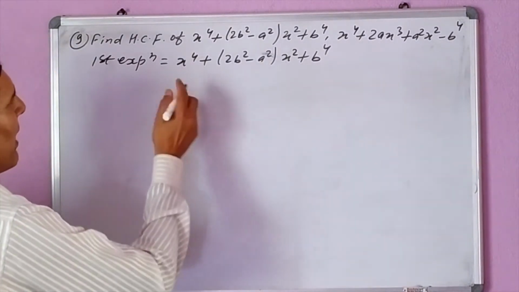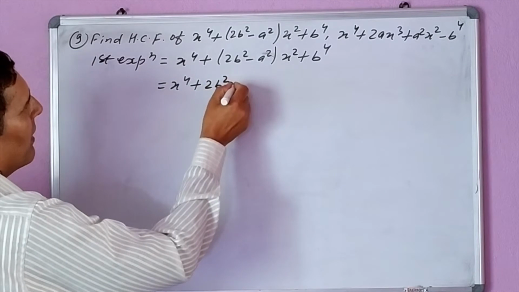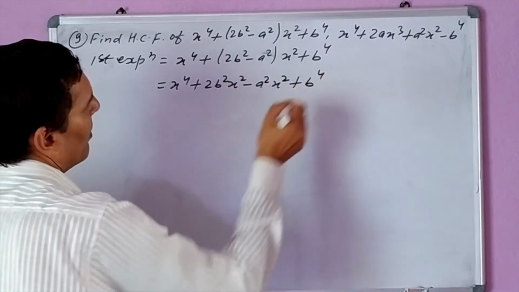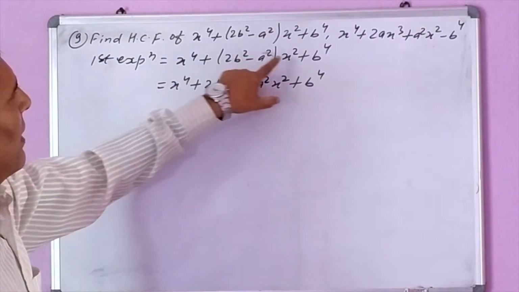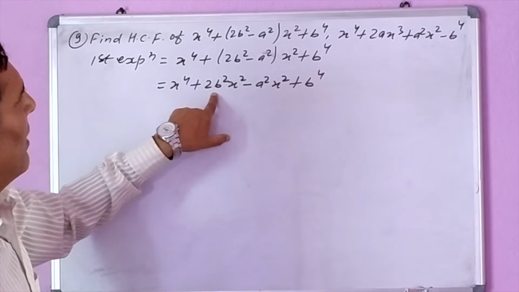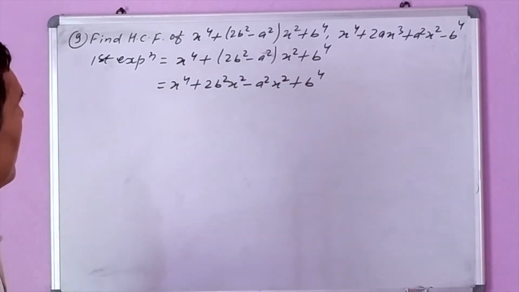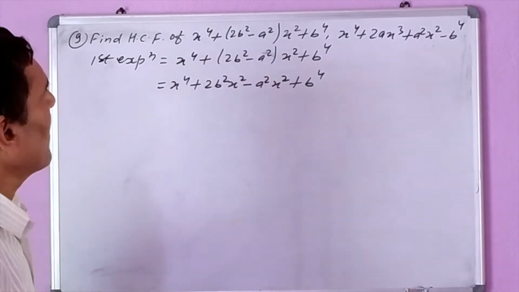For this we open this bracket first: x^4 + 2b^2x^2 - a^2x^2 + b^4. We have opened this bracket with this x^2: 2b^2 into x^2 is 2b^2x^2, minus a^2 into x^2 is a^2x^2, first term x^4, last term b^4 as it is.